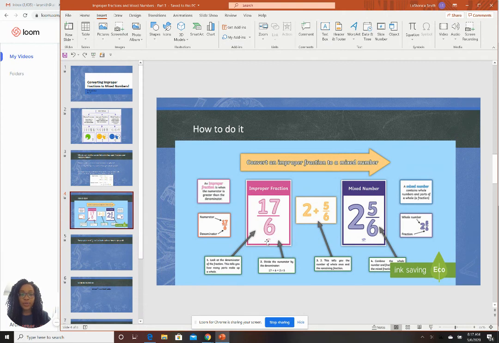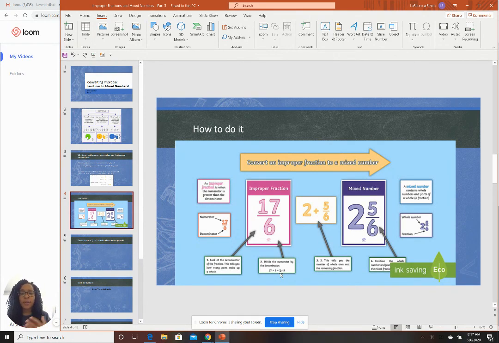Now, the denominator tells you the whole of the fraction, so it tells you how many are in the whole. So 17/6, we know that there's 6 in one whole. So you can divide the numerator by the denominator. That's 17 divided by 6, and you get 2, and the remainder is 5.